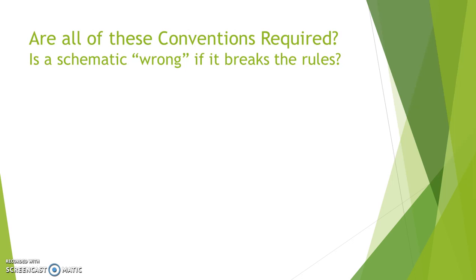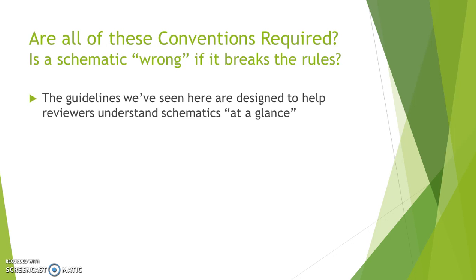So some of you might be curious about things like, does the power always have to be at the top? Do wires always have to be vertical and horizontal? And the question would be, is the schematic wrong if it breaks those rules? Right? And the answer is no, it's not necessarily wrong. These are guidelines, most of them, and they help reviewers look at schematics very quickly and get what they need out of it.